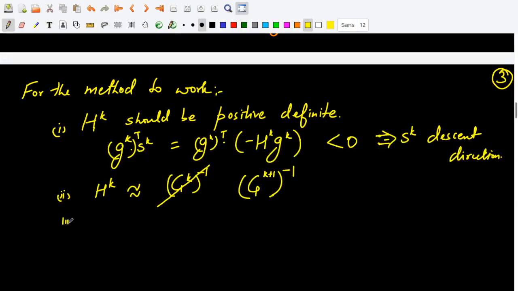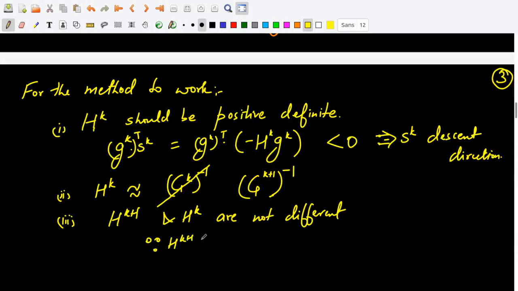And also we want to make sure that Hk plus 1 and Hk are not too different, because of reason number 2, and also because Hk plus 1 has to be a simple update, the old H plus something, and this something should be simple enough.